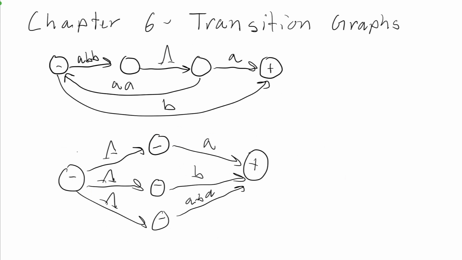And then we can erase the start state inside of each one of these states. And so those two transition graphs are exactly the same. So we can have multiple start states and save us the trouble of having to draw all of this.